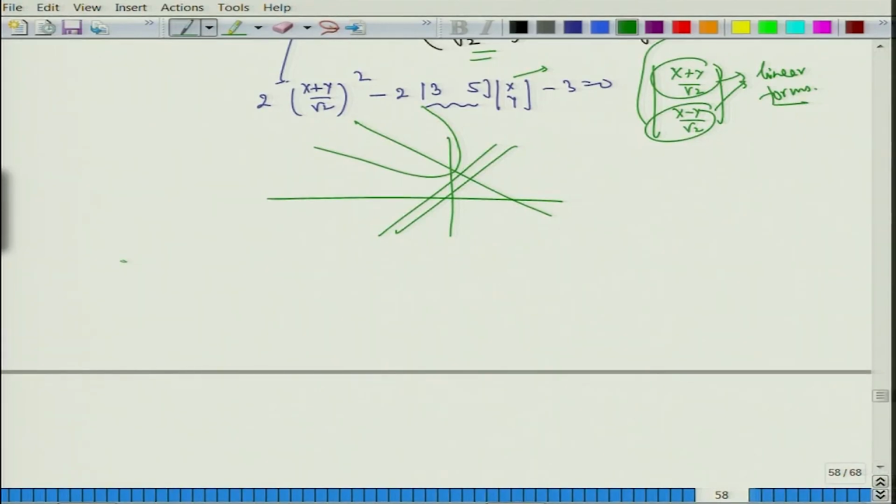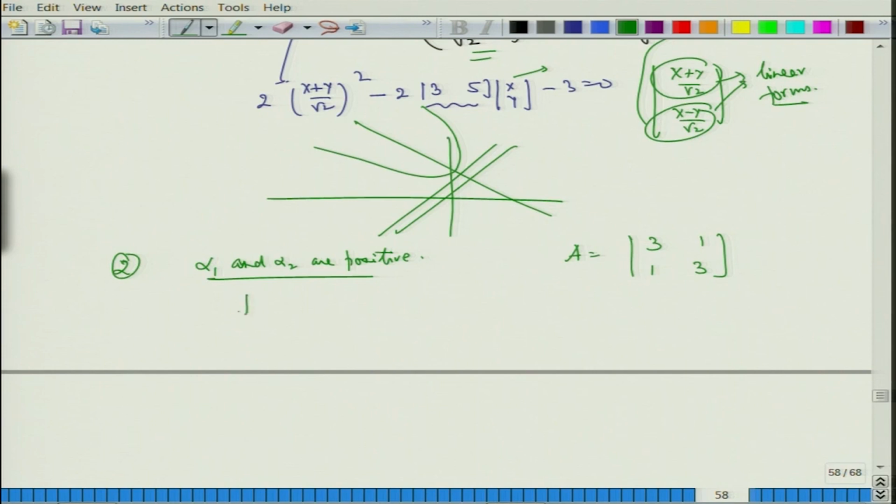Case 2, so the second case will be alpha 1 and alpha 2 are positive. I would like you to try that out yourself. You can take the matrix A as, say, 3 1 1 3, fine, or let it be 3 itself, so that you get symmetry and can understand it easily. Look at different cases. Construct the examples yourself.